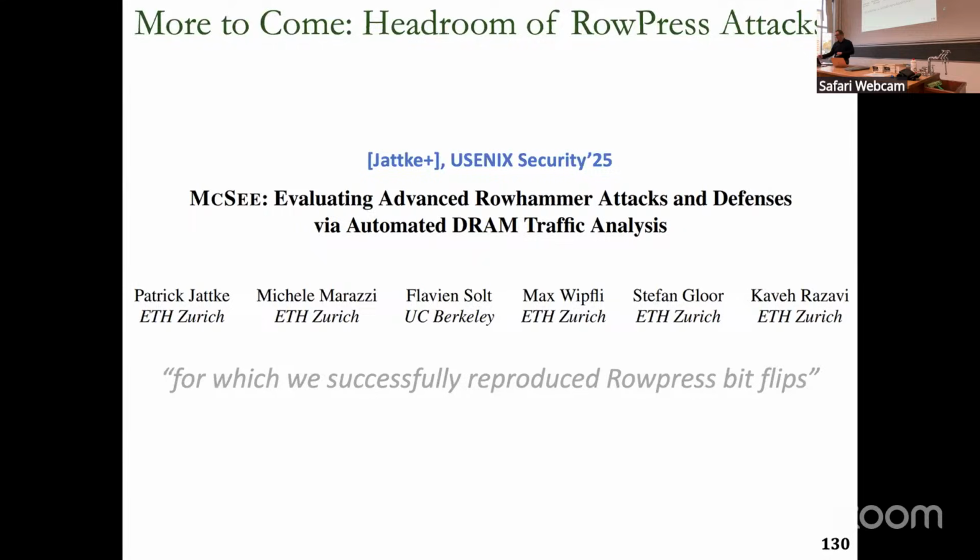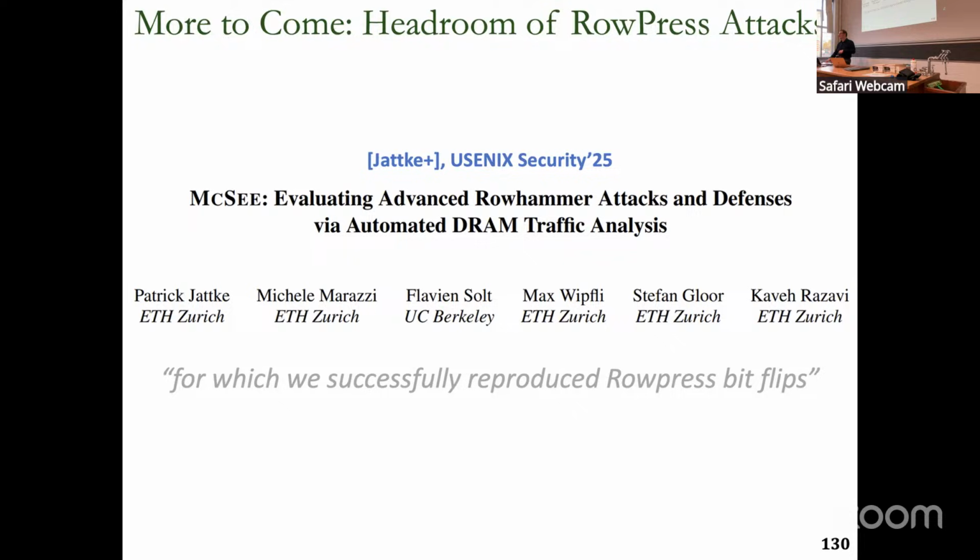There's more work. This work by Kaveh's group actually built some infrastructure to analyze how long a row is open, for example, in real systems. They were able to reproduce RowPress bit flips, but they also showed that many of the existing memory controllers that they tested do not keep the row open as much.